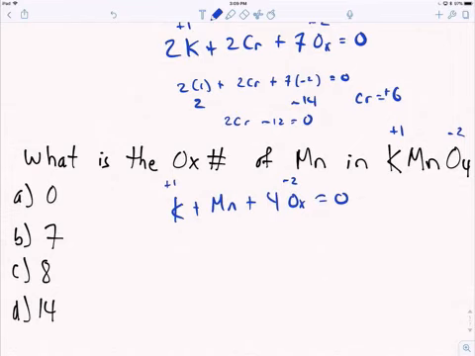So I think it's A, 0, I think B, 7. All right, most of the class is going for 7. That's the right answer.